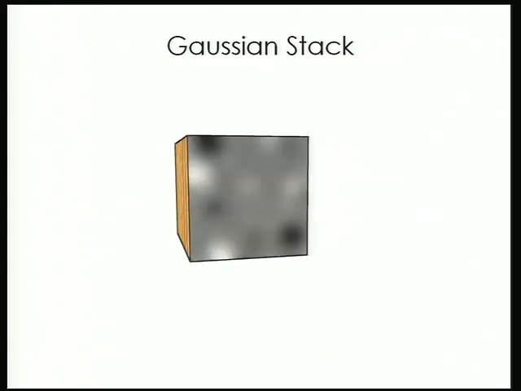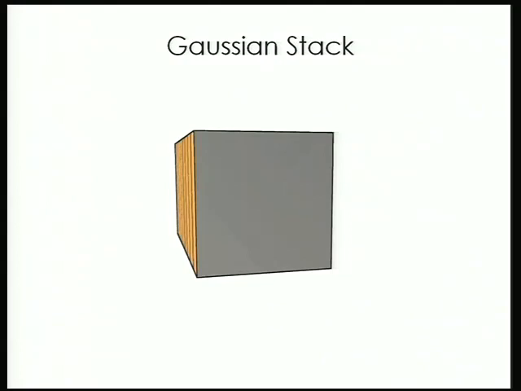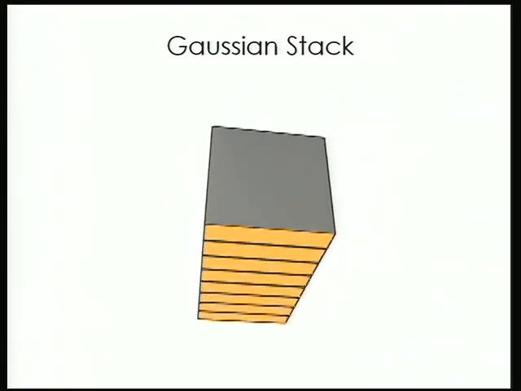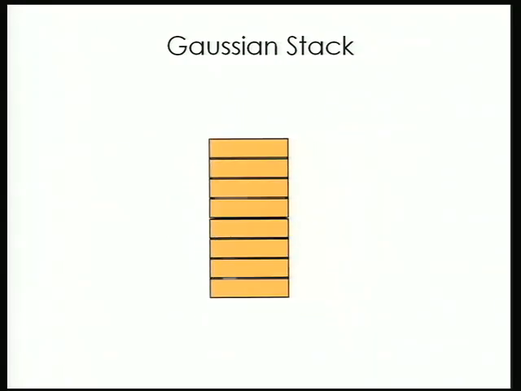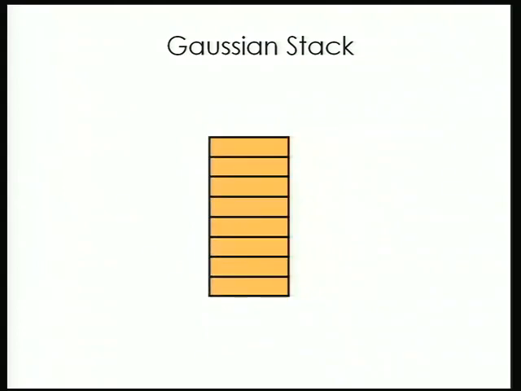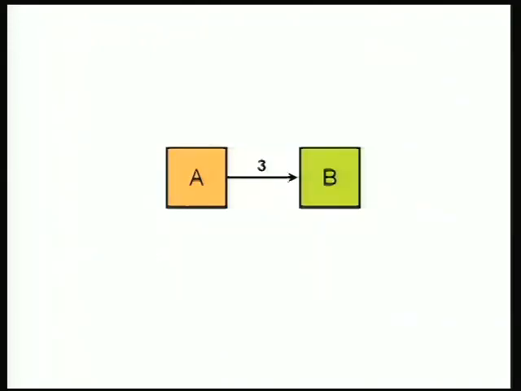We're going to perform this as a preprocess and store the results in a structure that we call the Gaussian stack. Again, the Gaussian stack levels obey this power of two relationship, where each level is at twice the resolution of the next coarser one. It turns out this is going to be very useful for us when dealing with the scale relationships in our exemplar graph. As an example, let's take this simple graph.